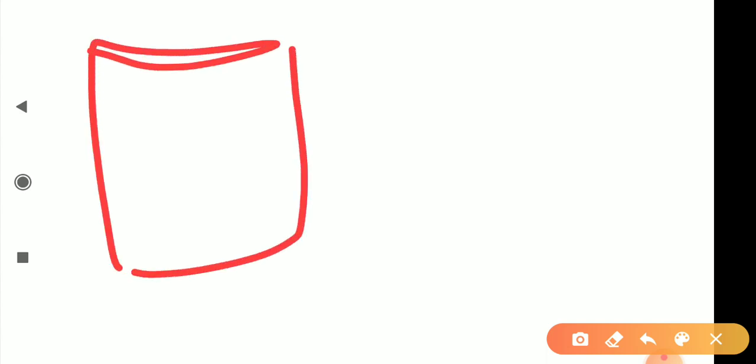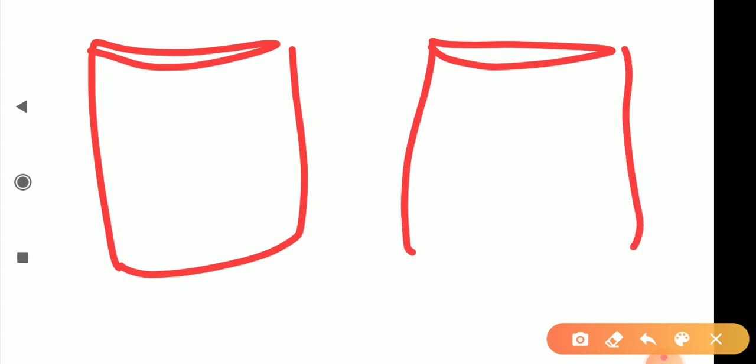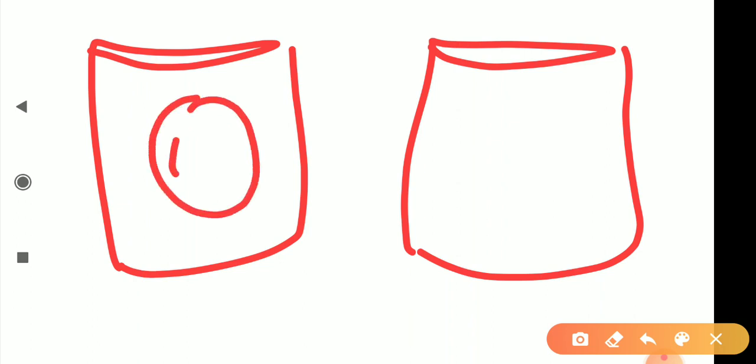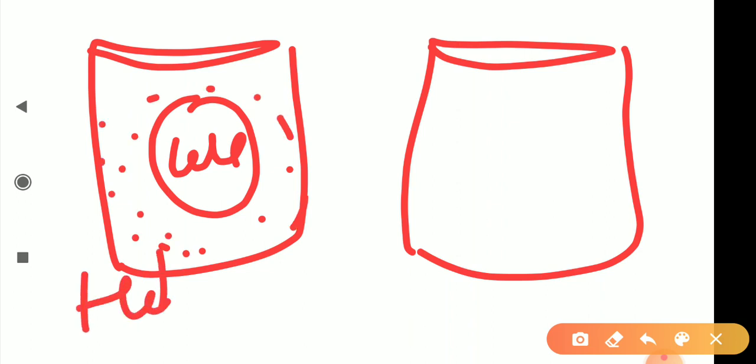Third condition is the hypertonic one. Over here in hypertonic, we are going to take the cell into a more concentrated solution. This is the cell, and here we have taken a more concentrated, hypertonic solution.